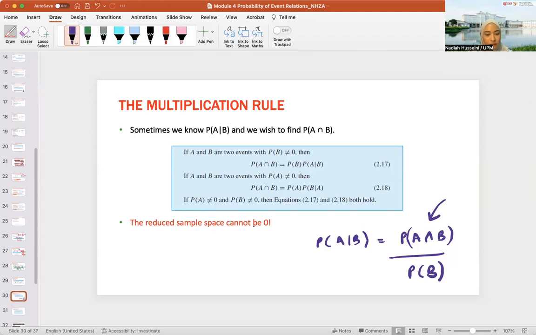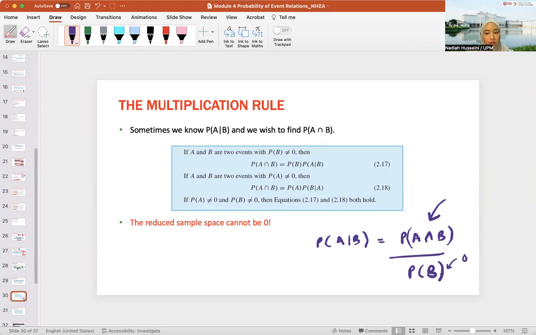The reduced sample space cannot be 0. Now imagine if your probability of B is equal to 0. The equation will not hold. So you cannot do the multiplication rule if your event does not happen. Okay, this is what they are saying.